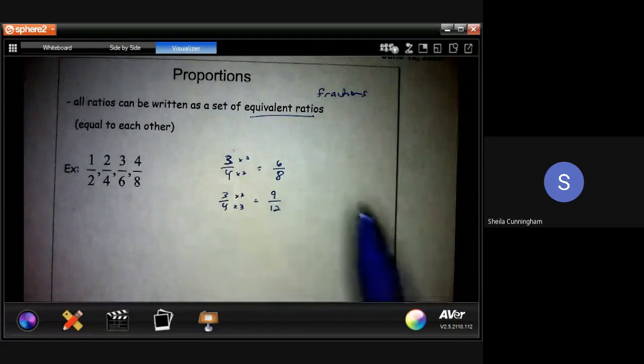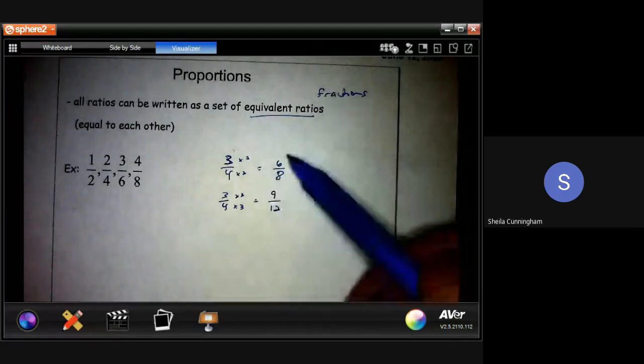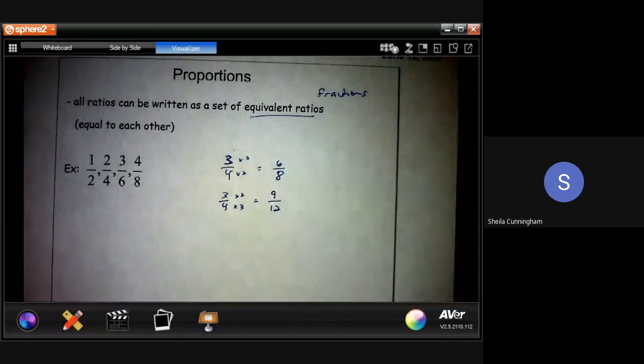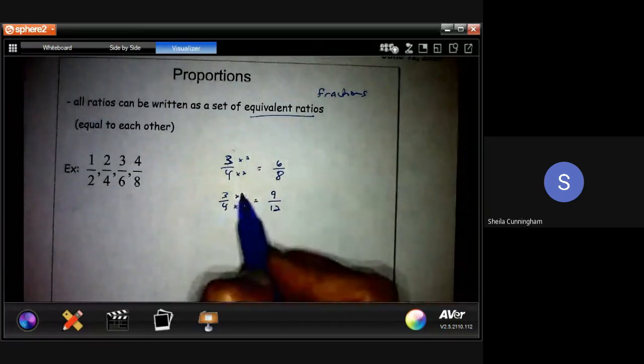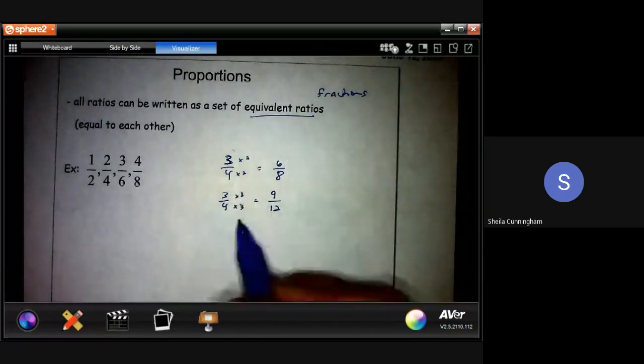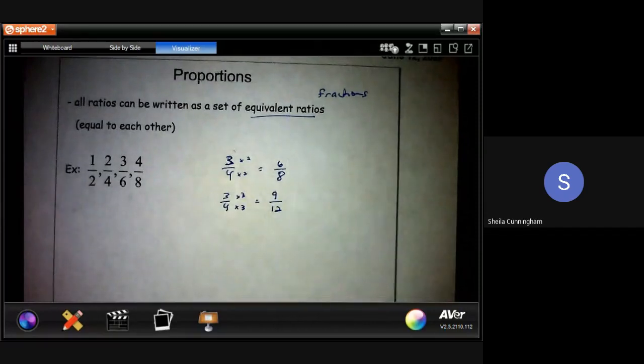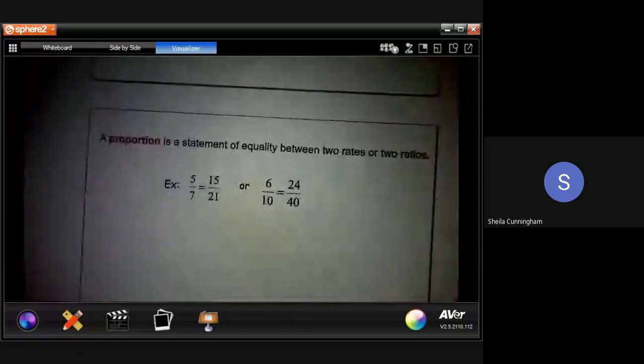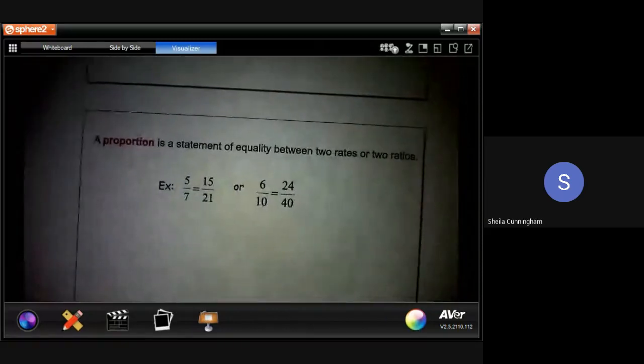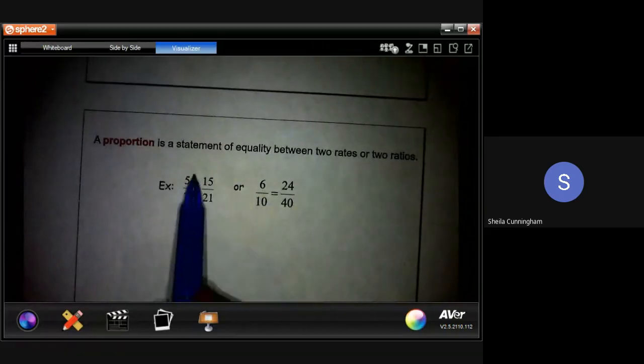So we start to see all of these ratios that can be equivalent. It doesn't matter what number I pick, as long as I multiply it to both the numerator and the denominator, I will create an equivalent ratio. A proportion is essentially putting an equal sign in between two equivalent ratios. So I look at 5/7.